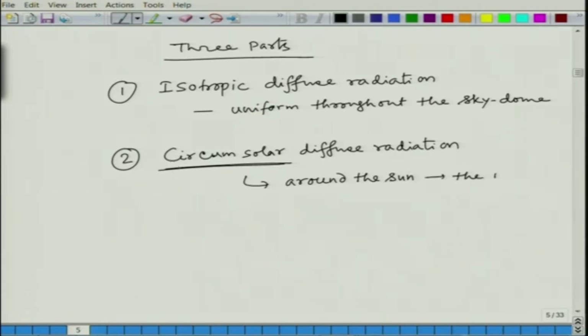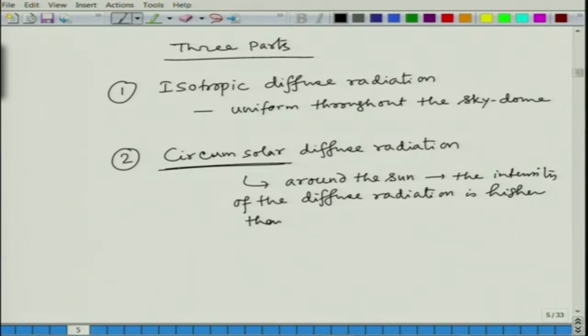The intensity of the diffuse radiation is higher than the other parts of the sky dome.